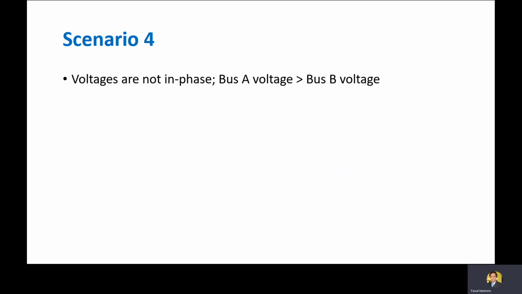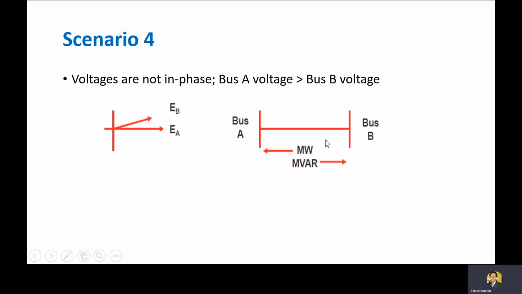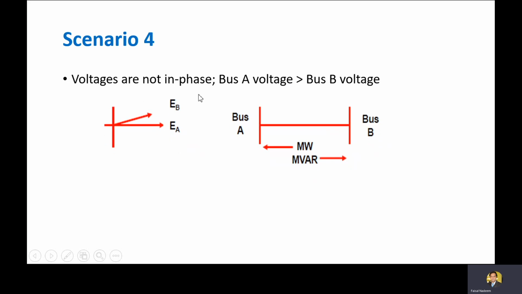Scenario number 4. Voltages are not in phase. Bus A voltage is greater than bus B voltage. Now, how did this happen? Voltages are not in phase, and the phase of the bus B voltage is now leading the phase of bus A. So if the phasor of bus B voltage is now leading the bus A phasor, the direction of active power flow will be from bus B to bus A, and as the magnitude of bus A voltage is greater than bus B voltage, the reactive power will flow from bus A to bus B. Fine.